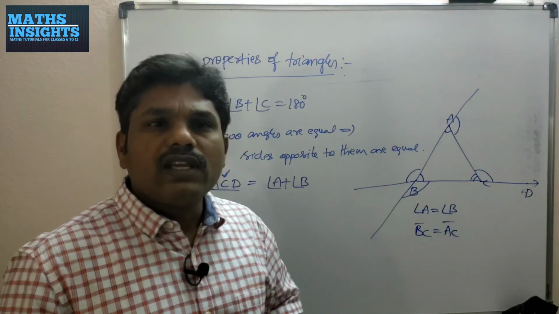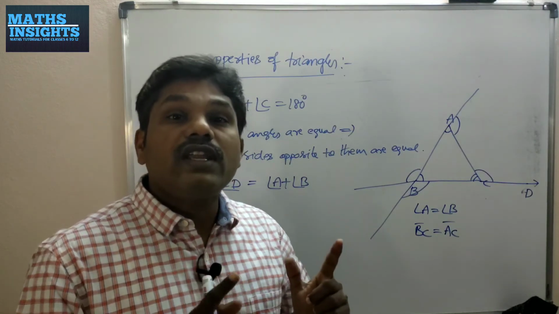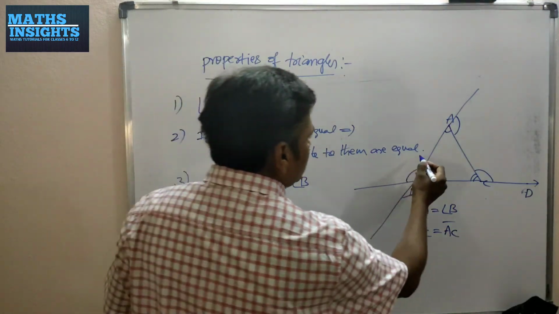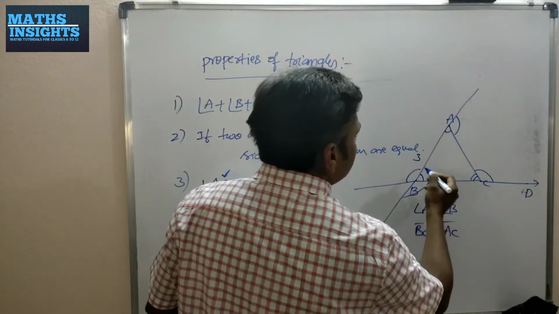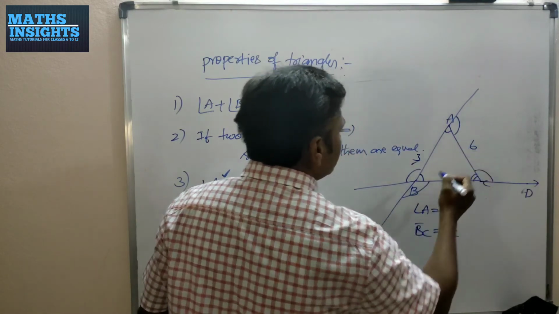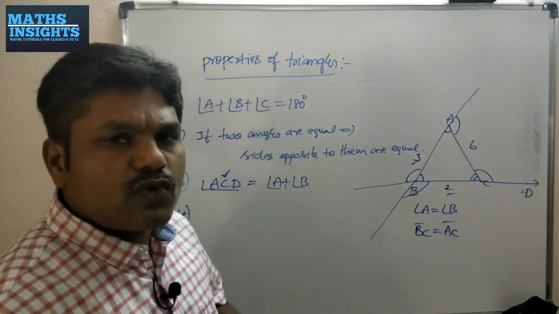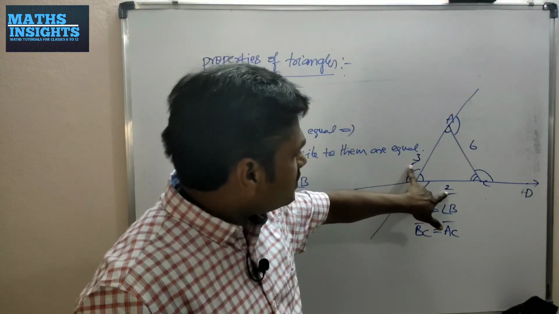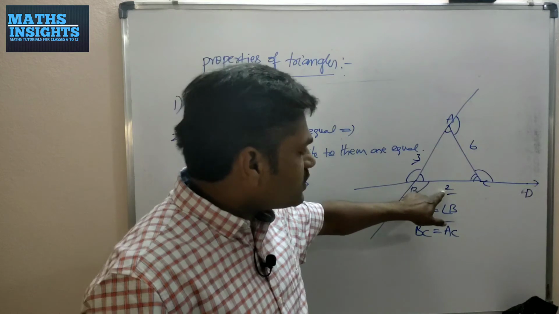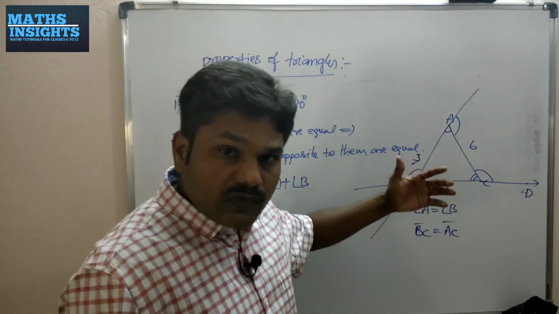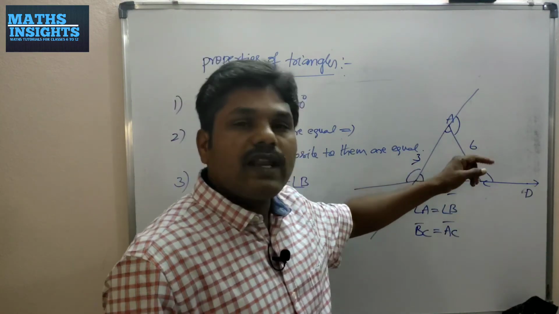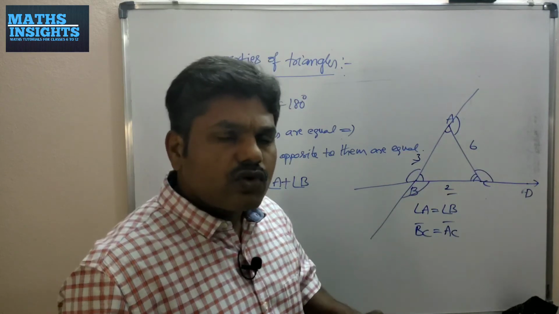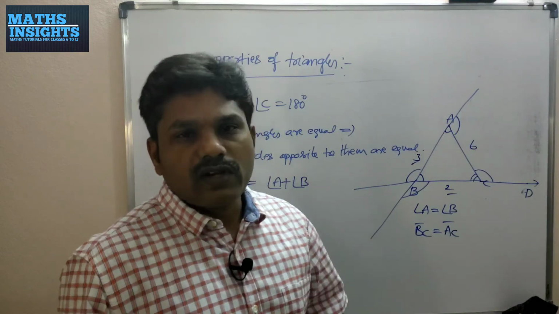Again I am saying, if you take the lengths of any two sides together, suppose I am taking this is 2 and this is 3 and this is 6 in length. See, this is not possible to draw a triangle. Why? Because if you take the lengths of these two sides, 3 plus 2 will become 5. This 5 should always be greater than the length of the third side, but here it is not becoming like that. So you may say that you cannot form a triangle.